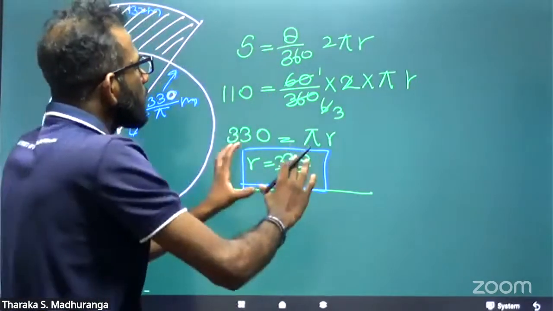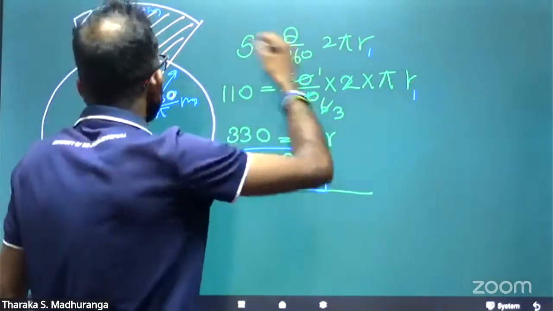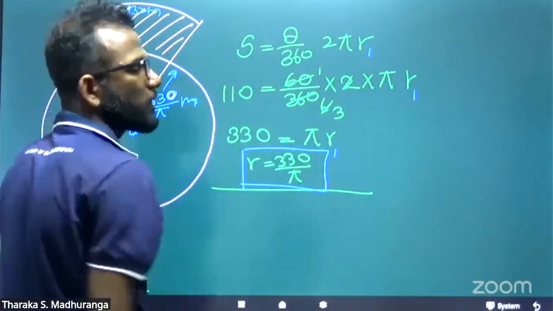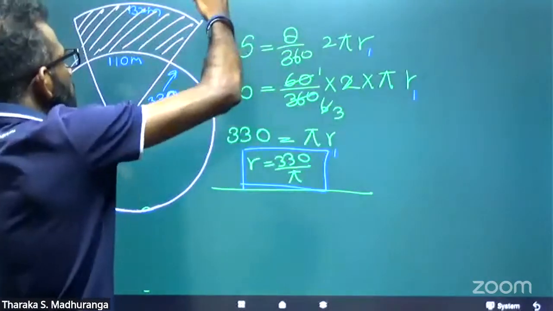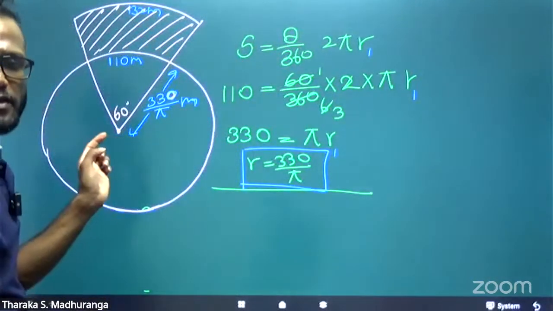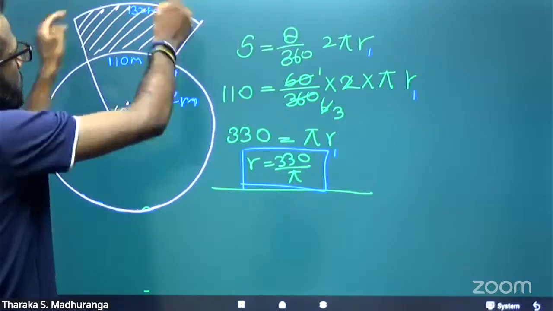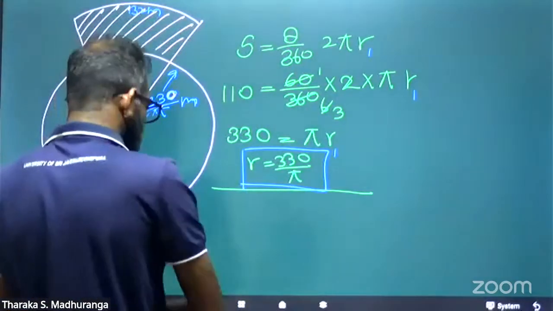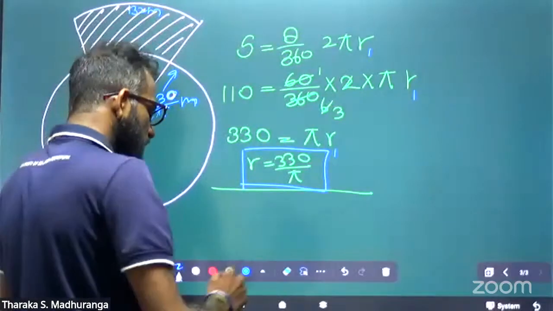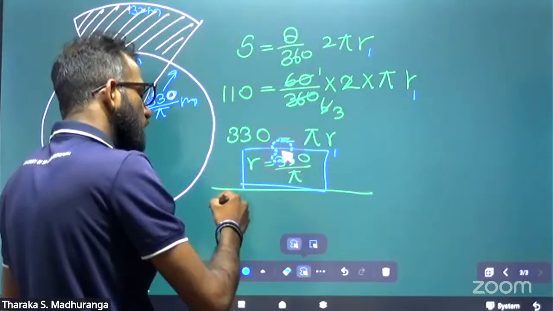This is R1, the small radius I got. Now I am going to get the full sector radius. The full sector arc length is 132. You can use the same methods again.